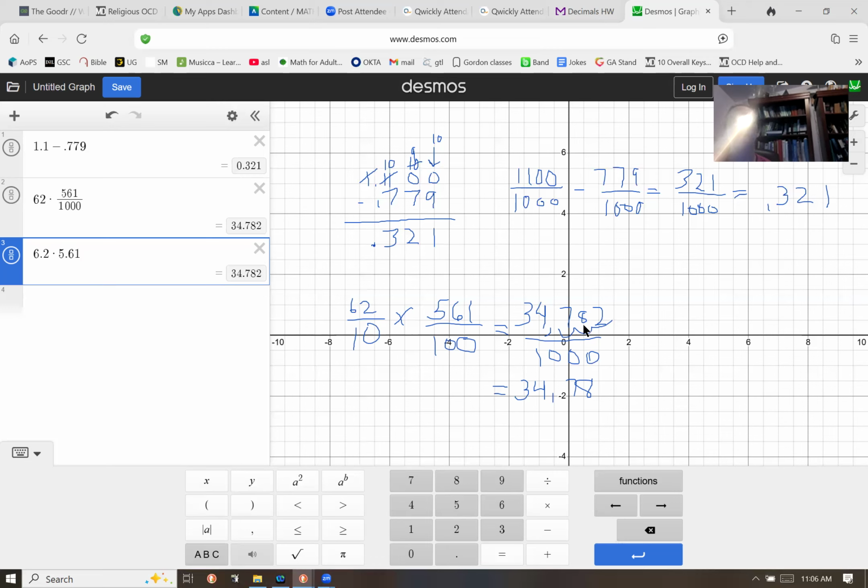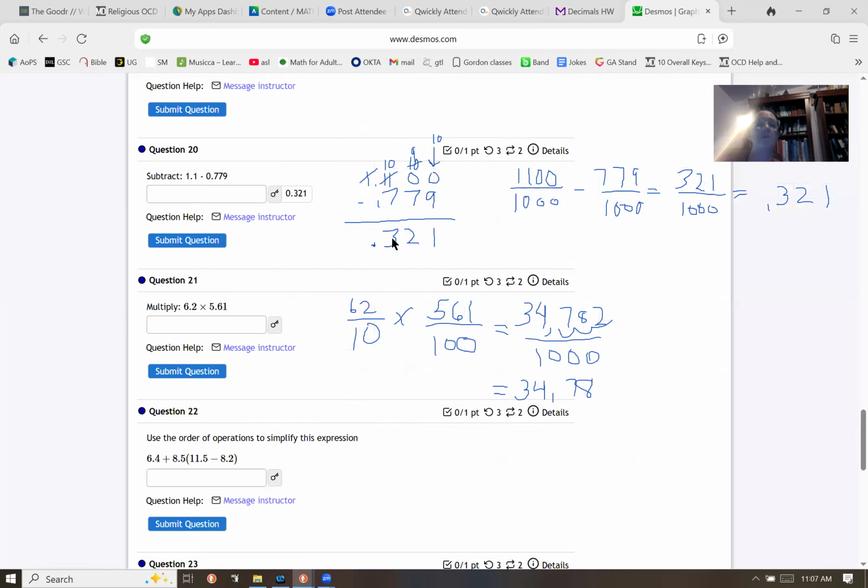And then you just move your decimal that many places back. Of course you can do it on Desmos, but that's the reasoning behind the shortcut that you maybe learned when you were in school. Okay, and let's just check our answer here, 34.782. We got it right. Any questions on what we did there?